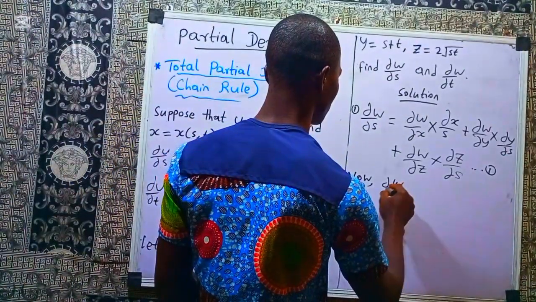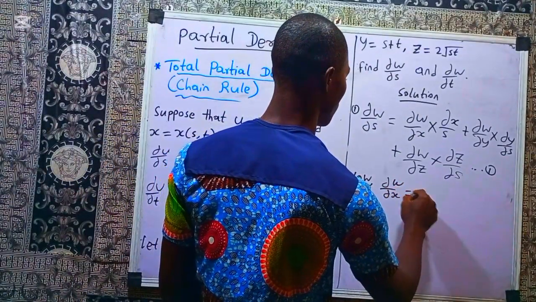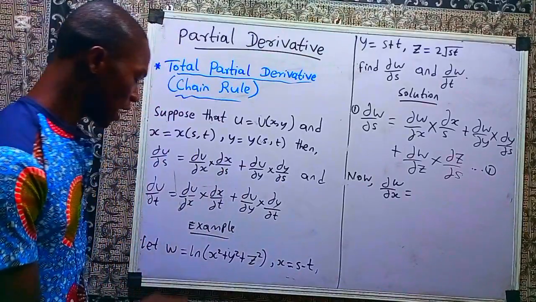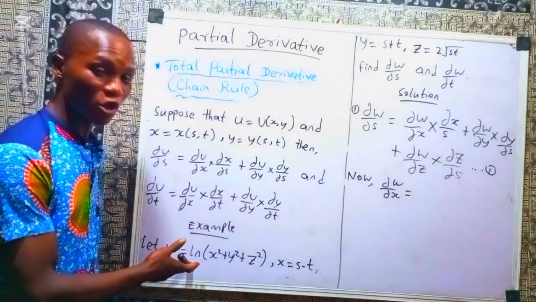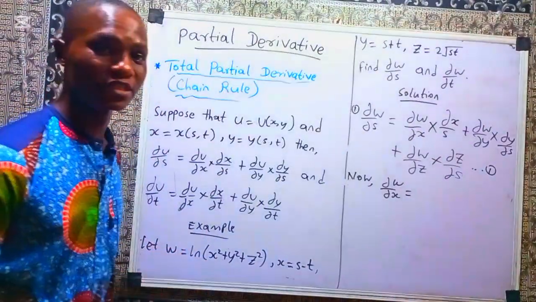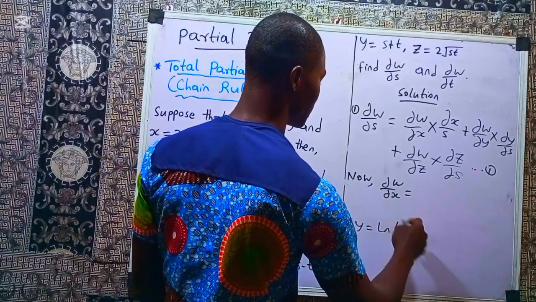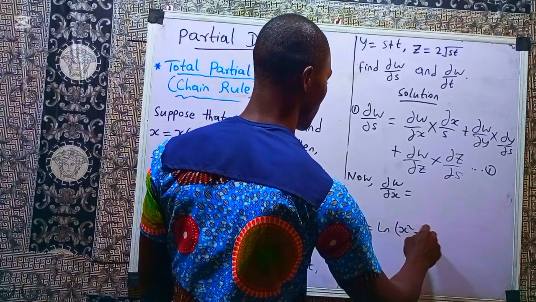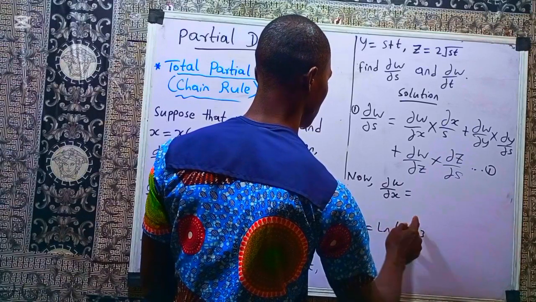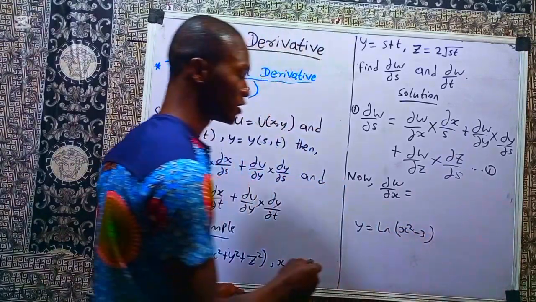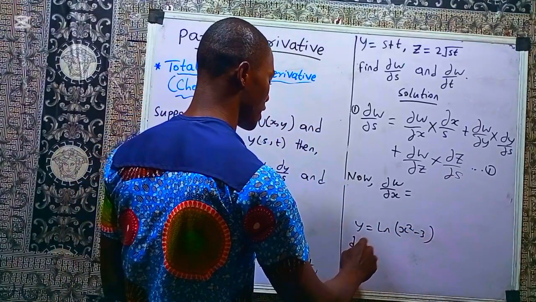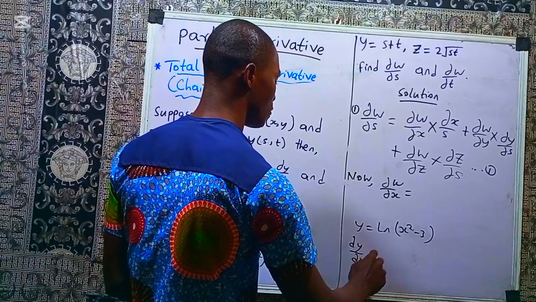Now partial w, partial x will be equal to... what is the function you have? Log. How do you differentiate log? Assuming you are given y equals ln of x squared minus 3, and you are asked to find dy dx, what will it be?